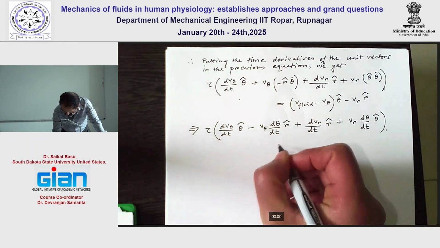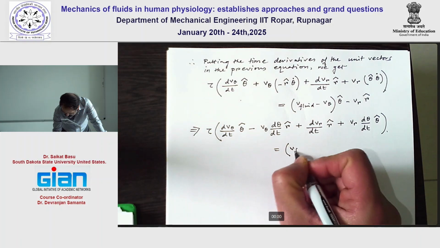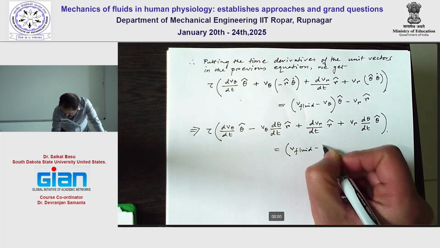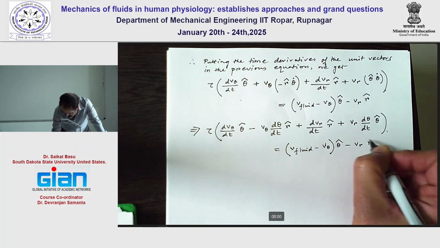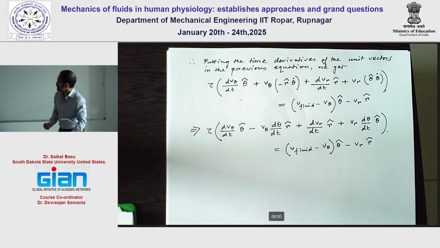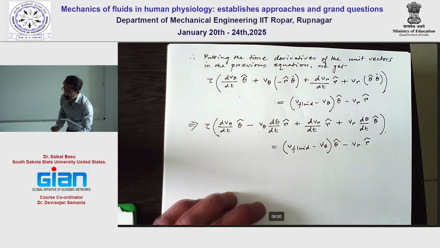Okay, and this is equal to v fluid minus v theta theta hat minus vr r hat. Therefore, now we are ready to equate the components.